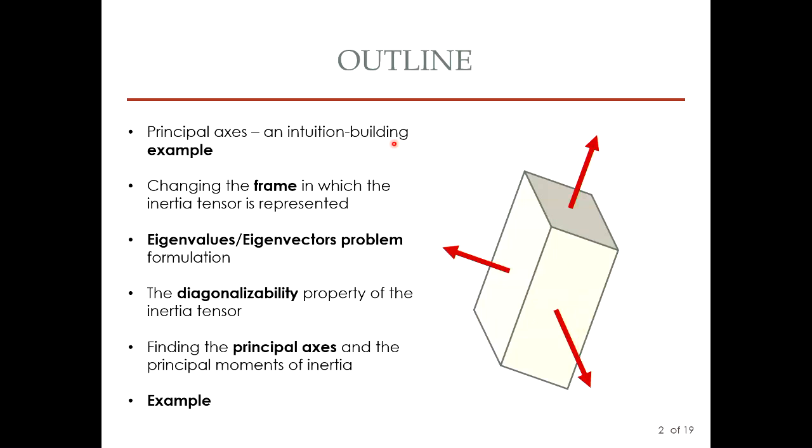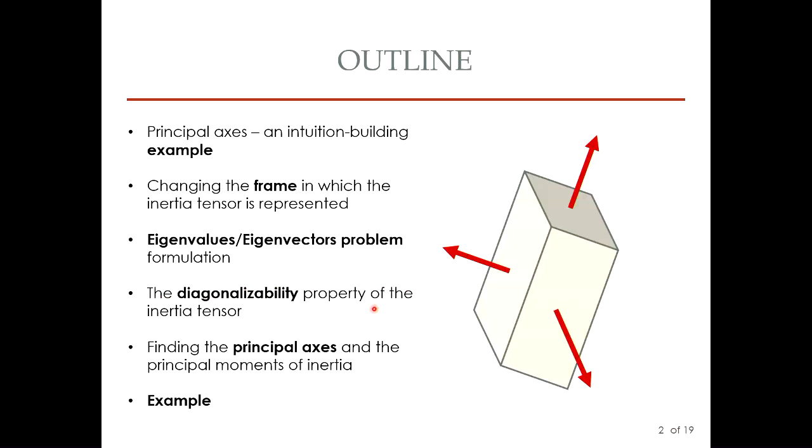Okay, so in this motivating example, you want to understand why we care whether or not our inertia tensor is diagonal. All right, why do we want a diagonal inertia tensor? And then we'll go to how to find the specific coordinate system, or principal axes, in which the inertia tensor is diagonal. Okay, so this is the following step.